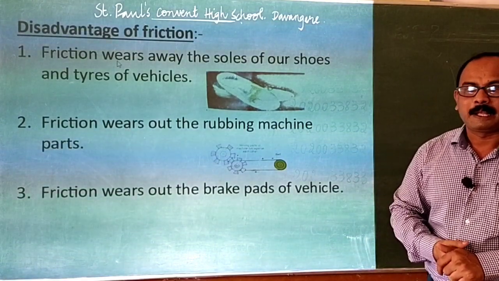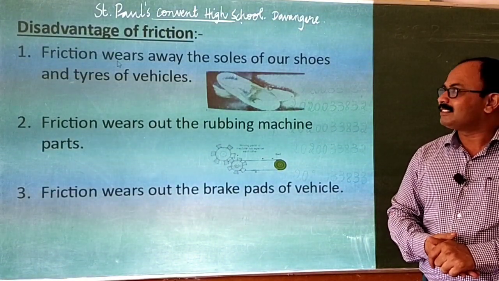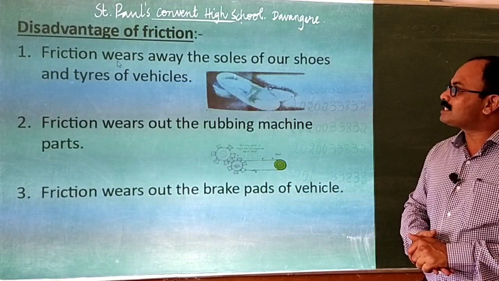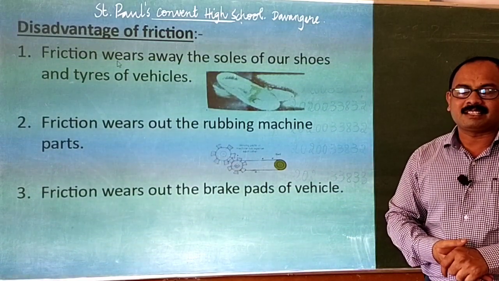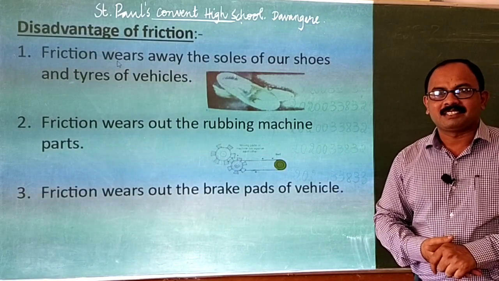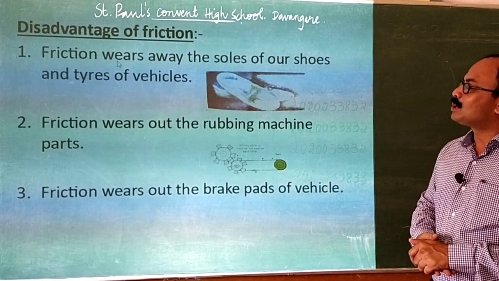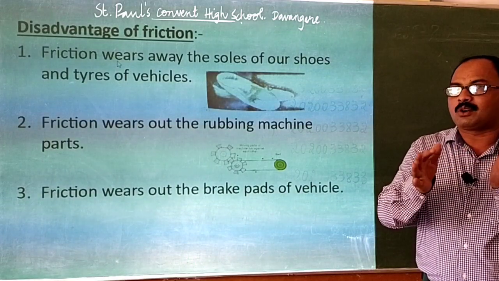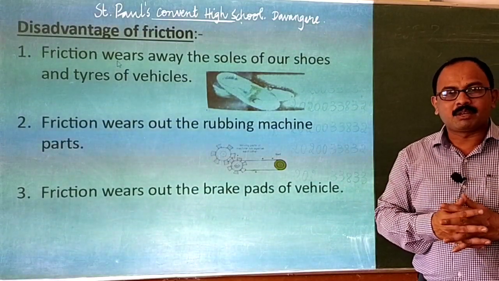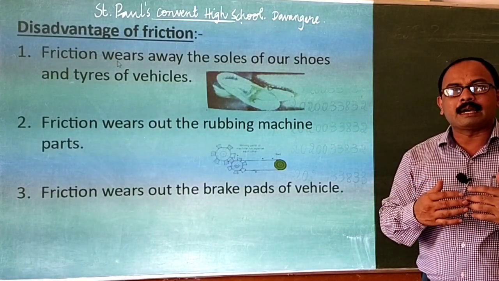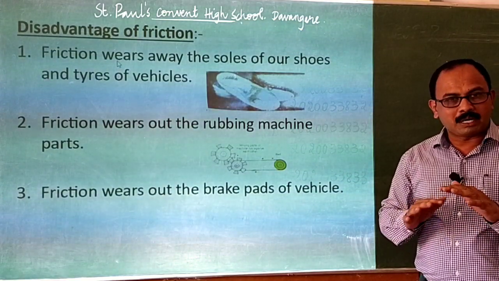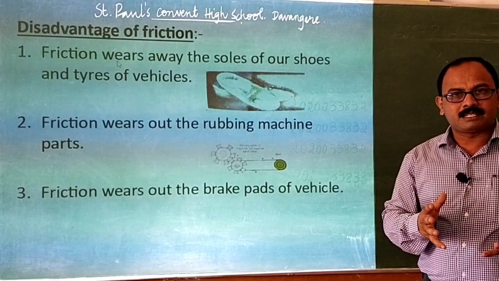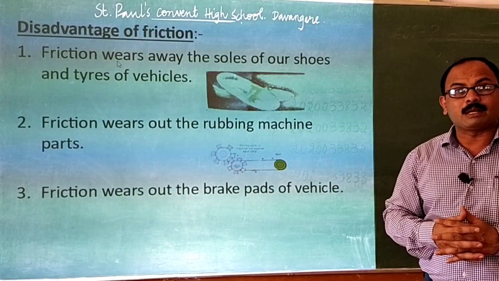Disadvantages. We'll see one by one. Friction wears away the soles of the shoes and tires of vehicles. It is a common thing we will notice. The soles of the shoes wear out as the days go, because we will be walking and running throughout the days over different surfaces of uneven irregularities.